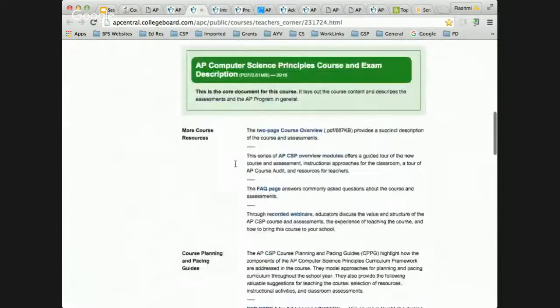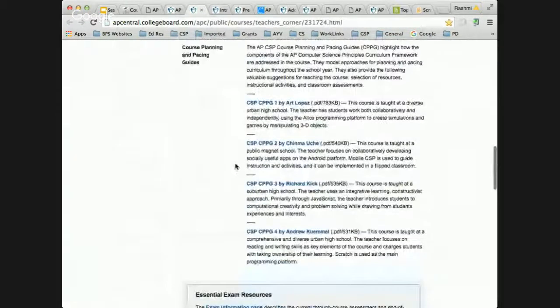Yes. In the course planning and pacing guide, right here, you can see that there are these 4 teachers who have developed the curriculum. And the differences between each curriculum, in short, is that they each have a different setting. For example, Art Lopez taught in a diverse urban high school.